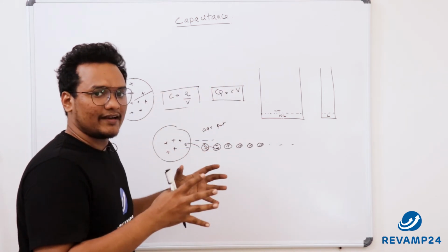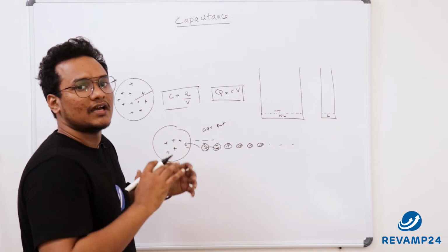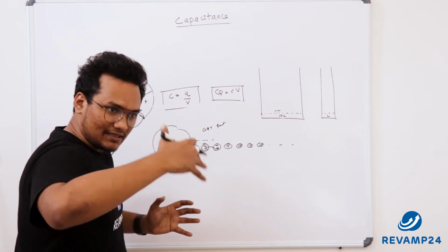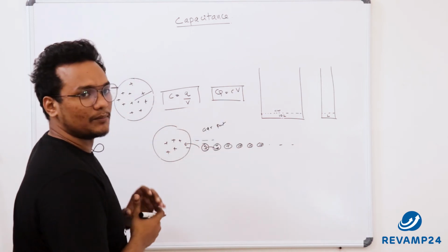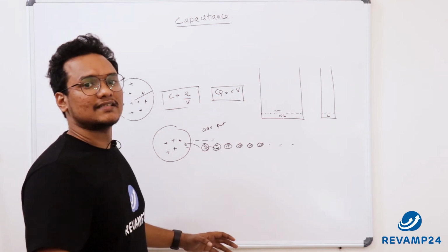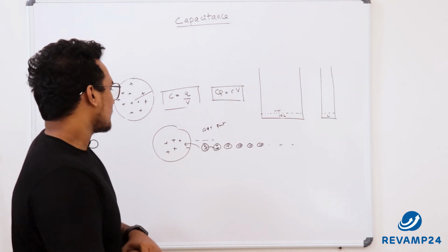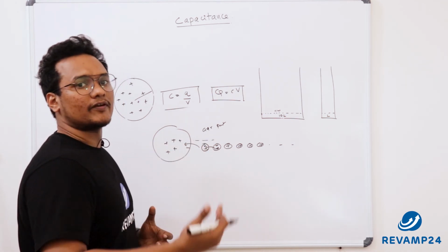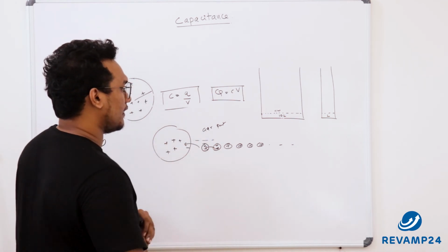Clear? So we can store charge only until the dielectric strength, and after that we can't, because the dielectric surrounding the material becomes ionized, acts as a conductor, and discharging occurs. This dielectric strength is different for different materials.